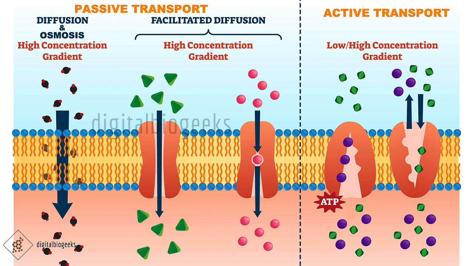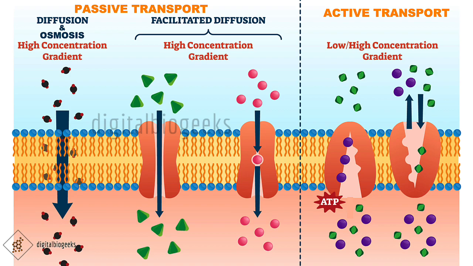Facilitated diffusion allows fast entry of water molecules into the cell. This process also allows larger molecules that cannot enter through the cell membrane by simple diffusion to enter the cell. All these kinds of transport do not require energy or ATP, as this transportation happens from higher concentration to lower concentration.